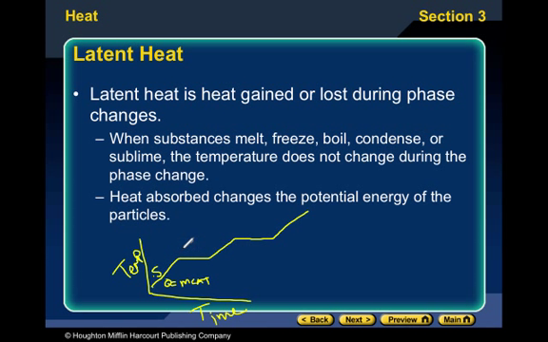Here you're going to be melting, and we're going to look at the latent heat of melting, and we're going to use a different equation here. This is when it's a liquid, you will use our Q is equal to. Here the substance is boiling, so we're going to use the latent heat of vaporization.